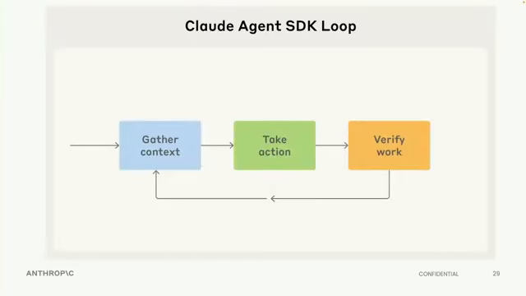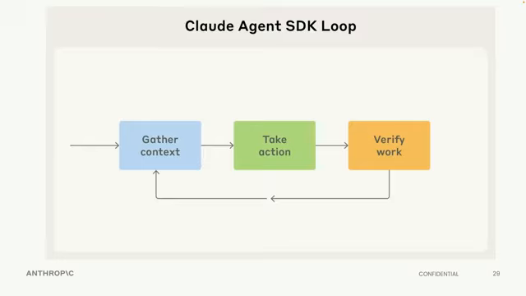But here are the 3 parts to an agent loop. First, it's gather context. Second is taking action, and the third is verifying your work. This is not the only way to build an agent, but I think a pretty good way to think about it.